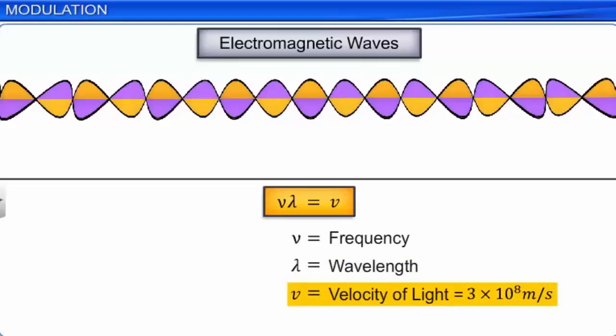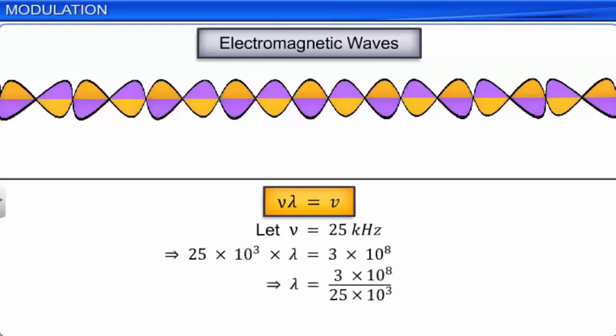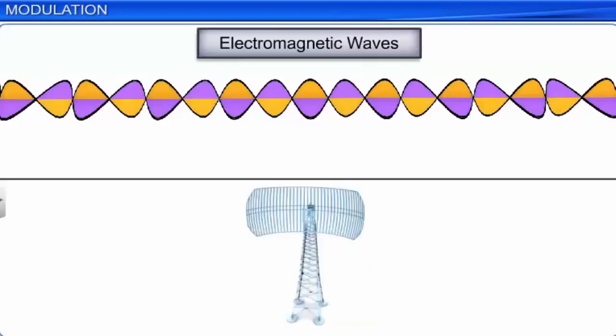Now suppose we need to transmit a message signal of frequency 25 kHz. Substituting the value of this frequency in the expression and simplifying, we get the wavelength of the message signal equal to 12,000 meter or 12 kilometer. For proper transmission of a signal, the size of the transmitting antenna must be comparable to the wavelength of the signal.